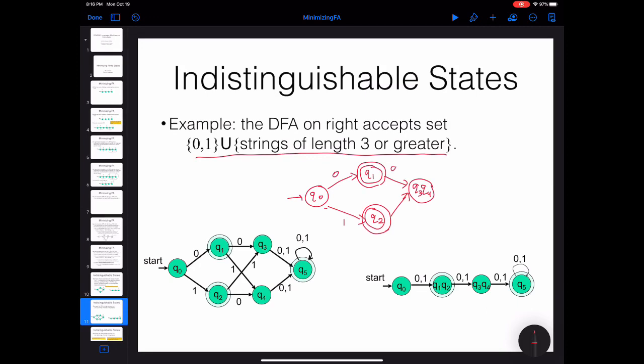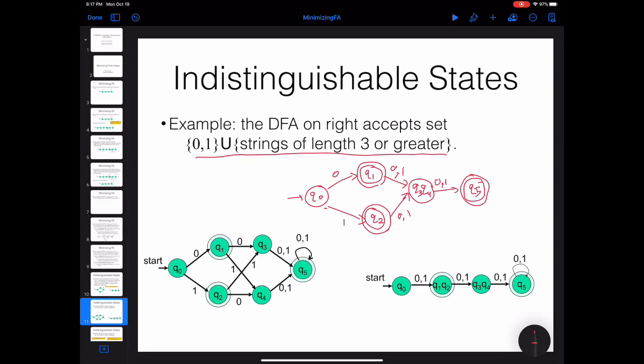Q1 over 0 and 1, both of them are going to go to the same state, and Q2 over 0 and 1, both of them are going to the same state. And from here, over 0 or 1, it is going to an accepting state Q5.